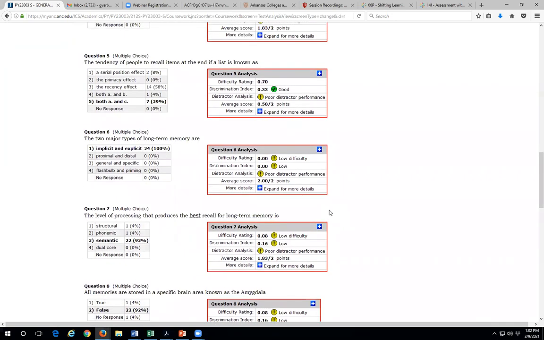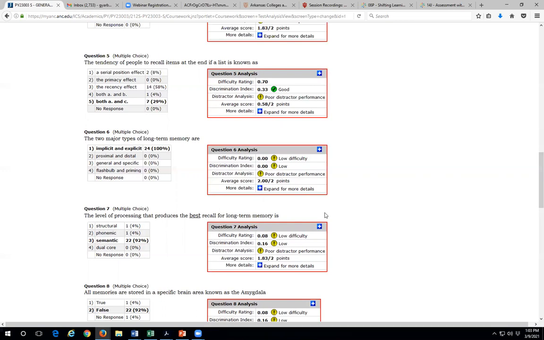The tendency of people to recall items at the end of a list is known as, and sometimes students struggle when I ask them to use a skill that we call hierarchical classification, where you kind of have to recognize that there are higher order categories that include things that are in lower categories.